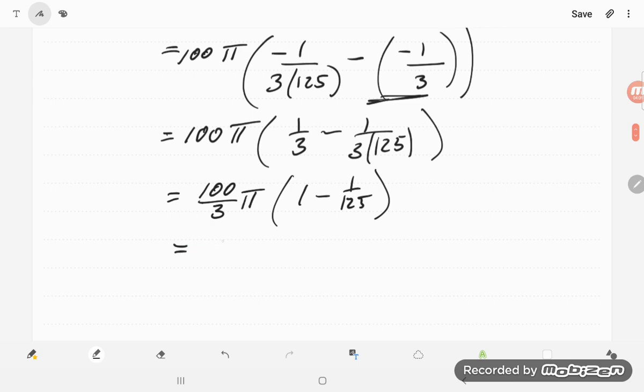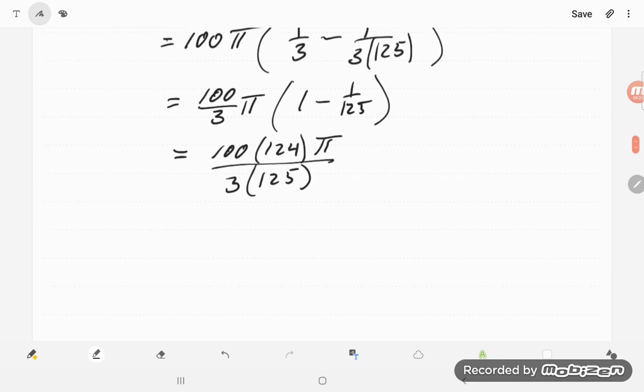So I get 100 times 124 times pi over 3 times 125. Well, I can do a little reducing. 100 over 125, that's just 4/5, so I've got a 4 there. Now 3, unfortunately, does not go into 124, so not much I'm going to do there.